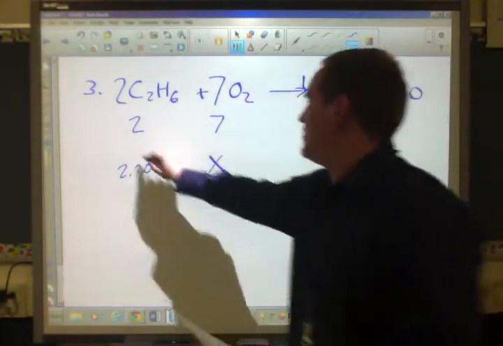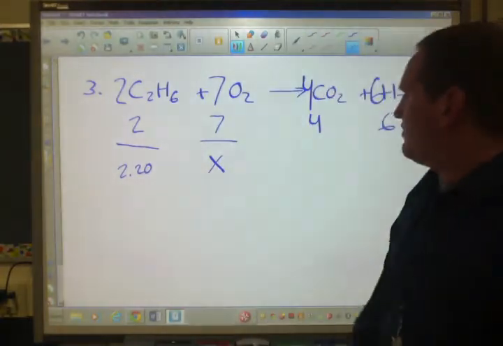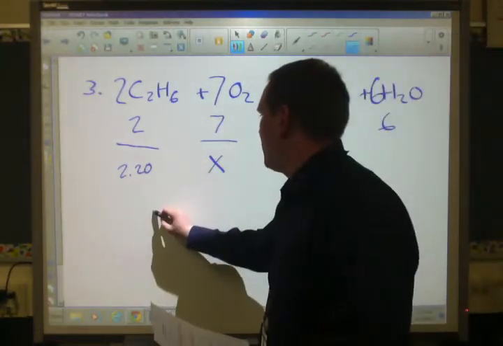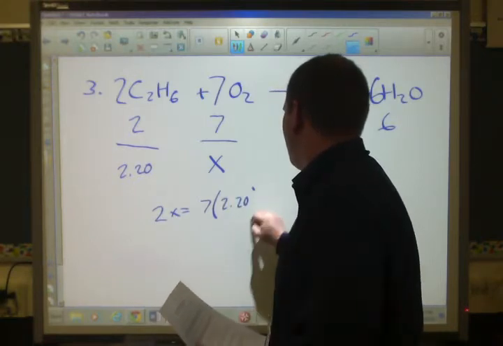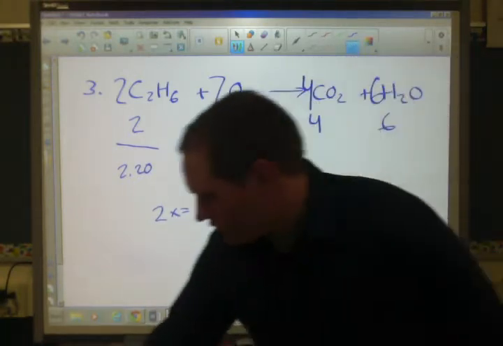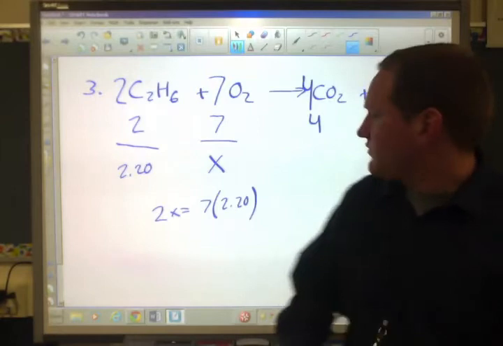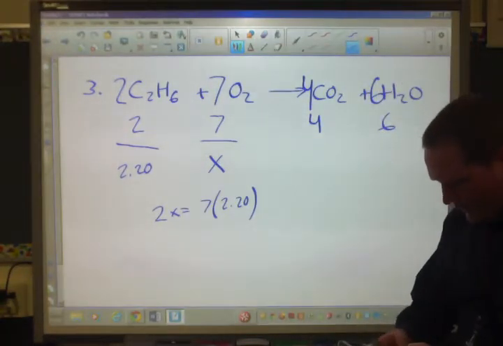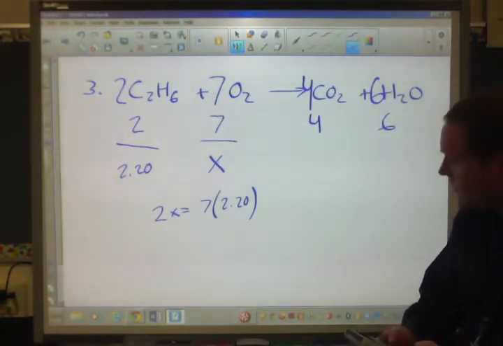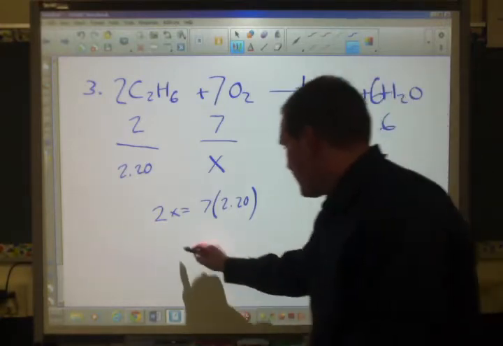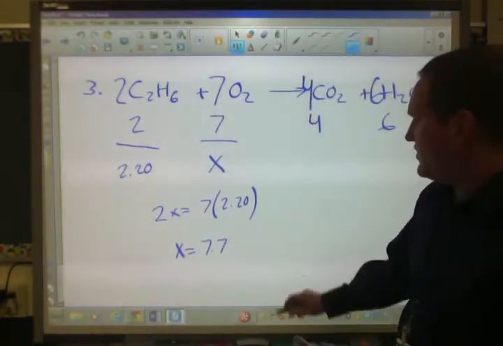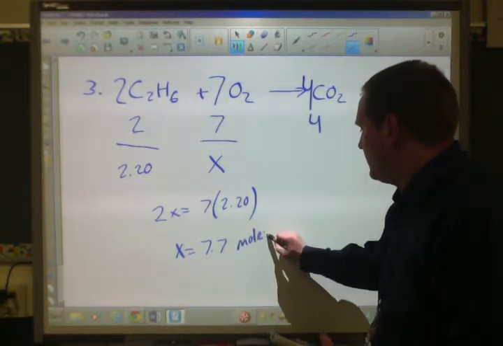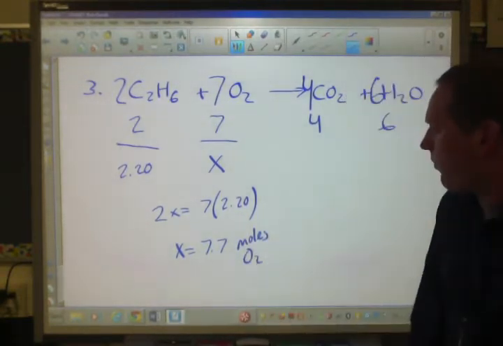That's my x. 2 over 2.20 equals 7 over x. Cross multiply, we get 2x equals 7 times 2.20. Calculator. 7 times 2.20 divided by 2. x equals 7.7. So it's 7.7 moles of O2.